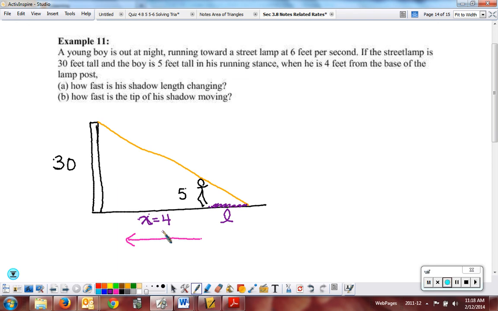And once I do that, do I know what rate they gave me? Dx dt, and is x increasing or decreasing? Decreasing. He's running to the street lamp, and x is the distance from the boy to the street lamp, so it's getting smaller. So it would be -6 feet per second.